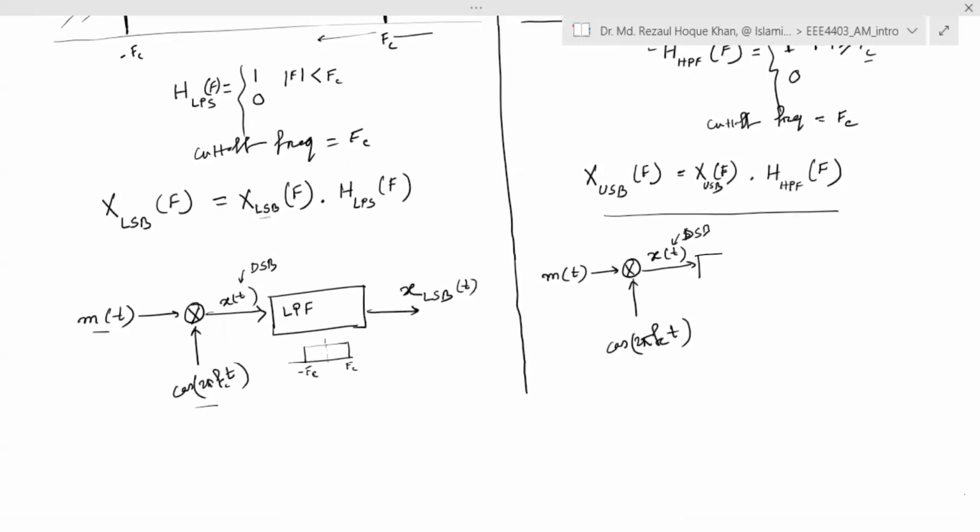Now you pass it through a high pass filter, and then you get X of the upper sideband, USB. The transfer function of this filter looks like this, where you have FC and minus FC cutoff frequencies, right?